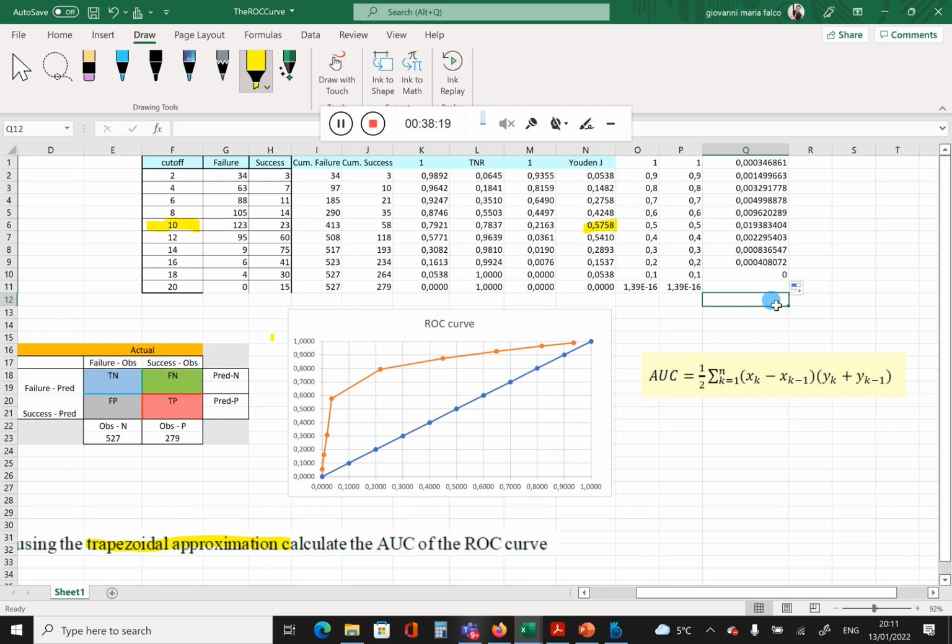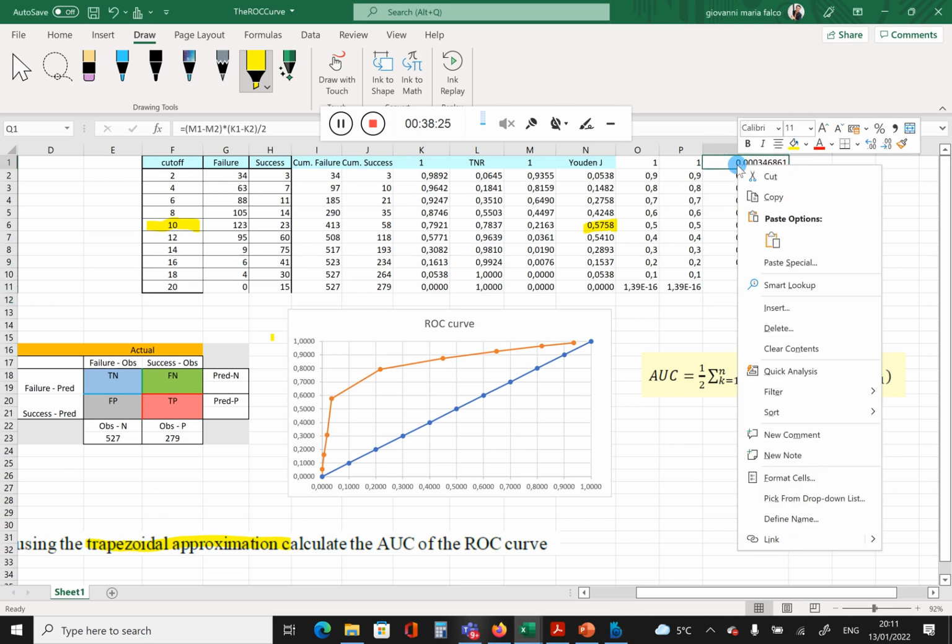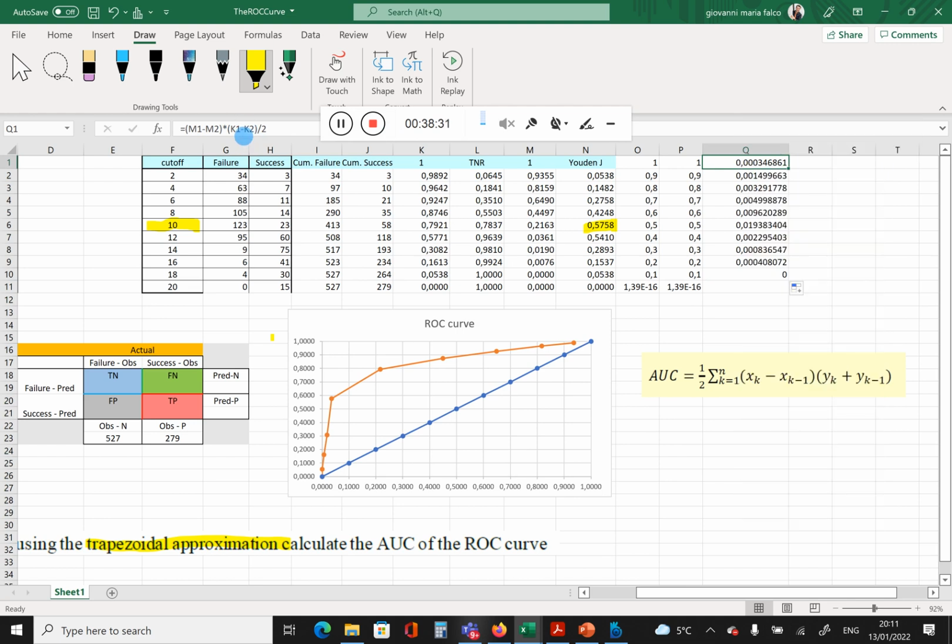Wait a second, I make a check if I have done correctly. Wait a second, I used minus now in the y, then I have to use plus here because in the formula it is plus. Okay, then I do it again, then I take this down.